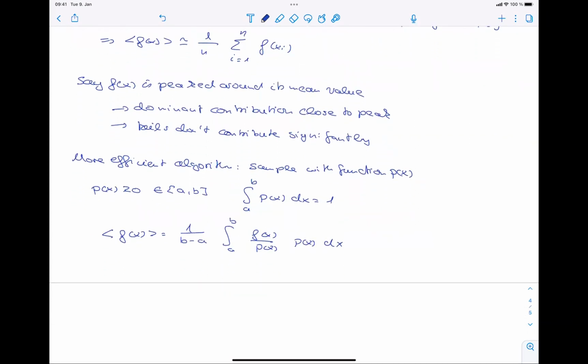So what we do is, we now choose our xi, our n points, according to the probability p of x.